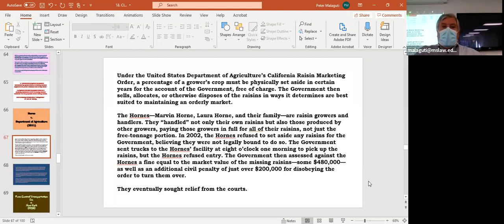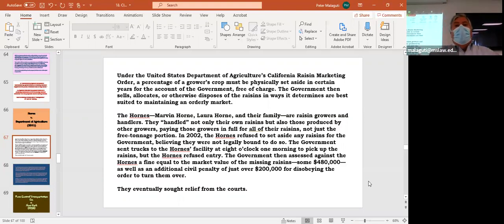So here, and I never knew this, the United States Department of Agriculture essentially forces raisin farmers and raisin distributors to turn over a part of the crop to the US Department of Agriculture every single year. And then the government decides what it's going to do with it. And this is part of the whole licensing scheme.